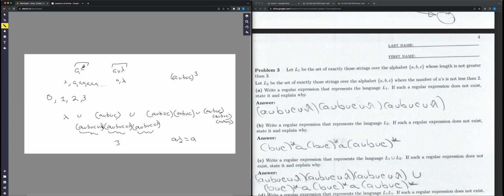And so she's saying here, if I ever picked a lambda for any of these, then for the other two it would just drop it as a character. So if I picked lambda and then A A, this would just be equal to AA, which is of length 2. Any solution that is correct, you'll get full credit for. I deliberately chose to write it differently from hers so you could see both ways.